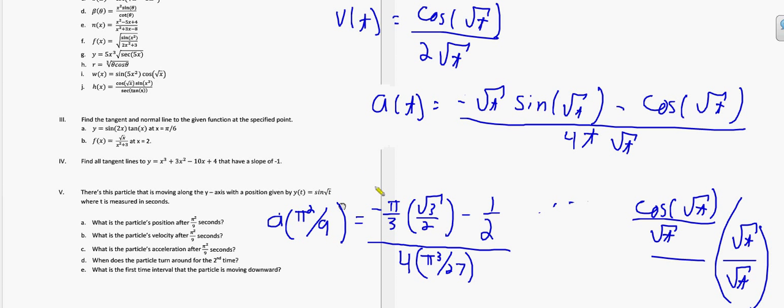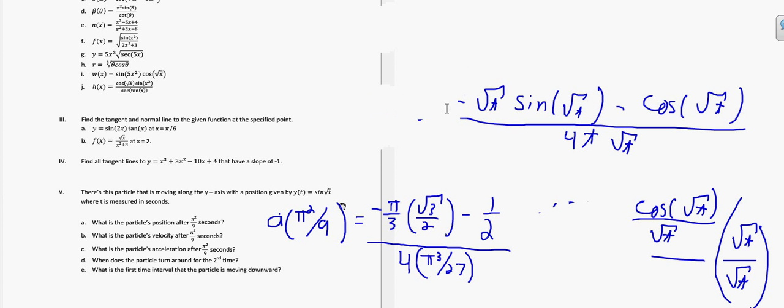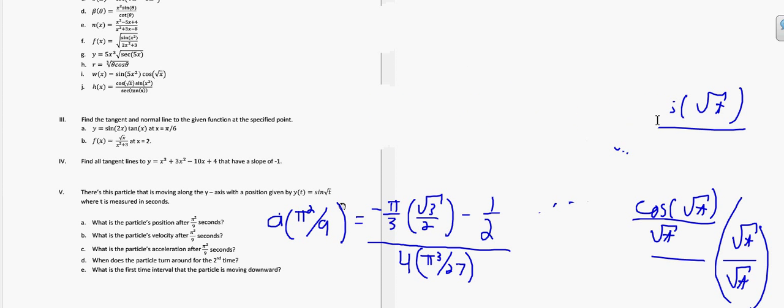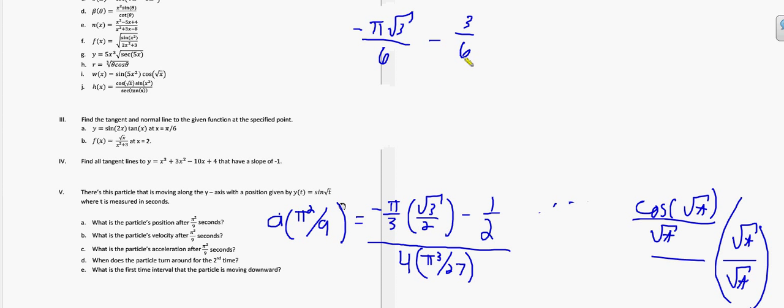Alright. We can simplify this a little bit, not really much. We get negative pi root 3 over 6 minus 1/2, which is 3 over 6. All that's over 4 pi cubed over 27.